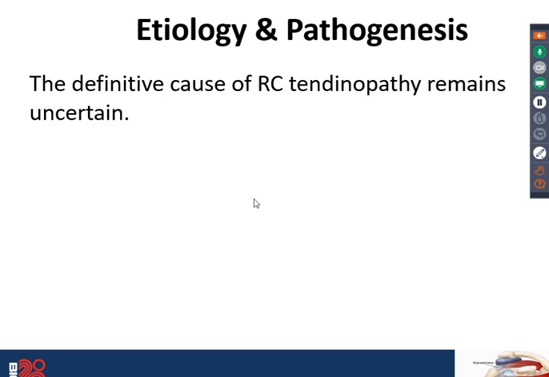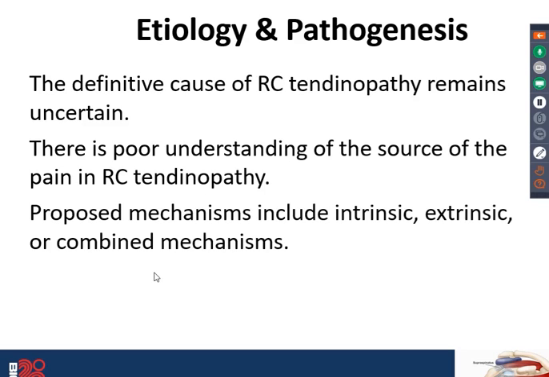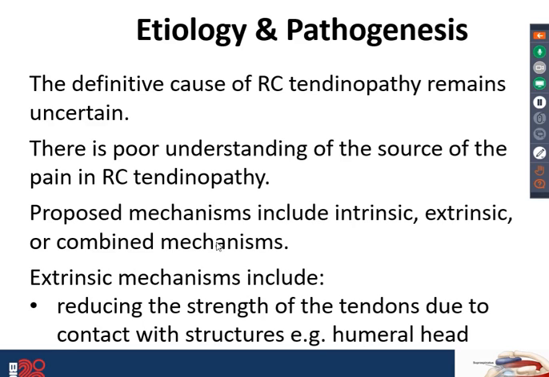The definitive cause of this condition is still, believe it or not, relatively uncertain. There's really a poor understanding of the source of pain in rotator cuff tendinopathy. There are different proposed mechanisms that oftentimes are referred to as either intrinsic or extrinsic, or a combination thereof.